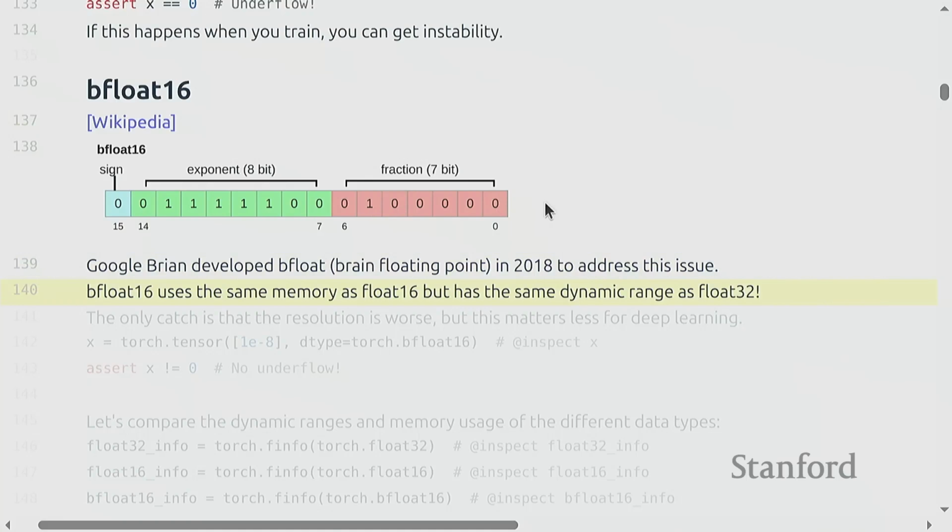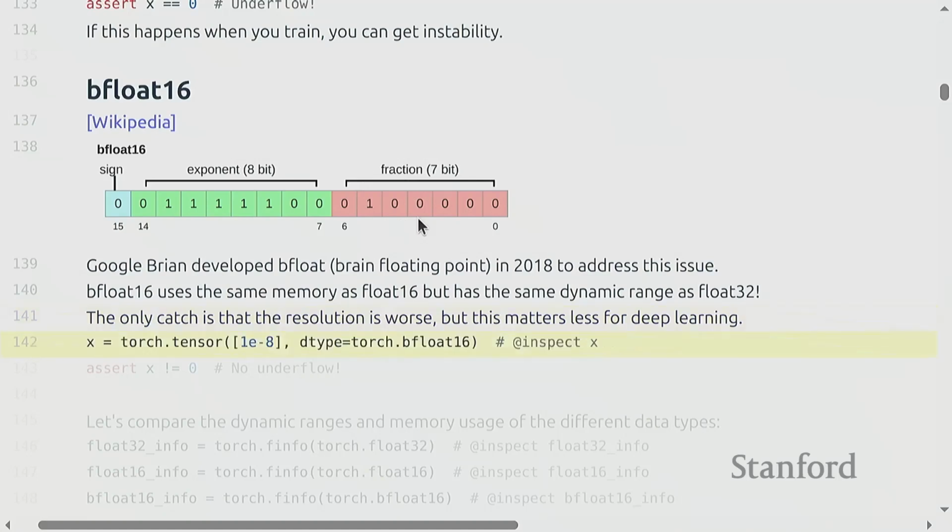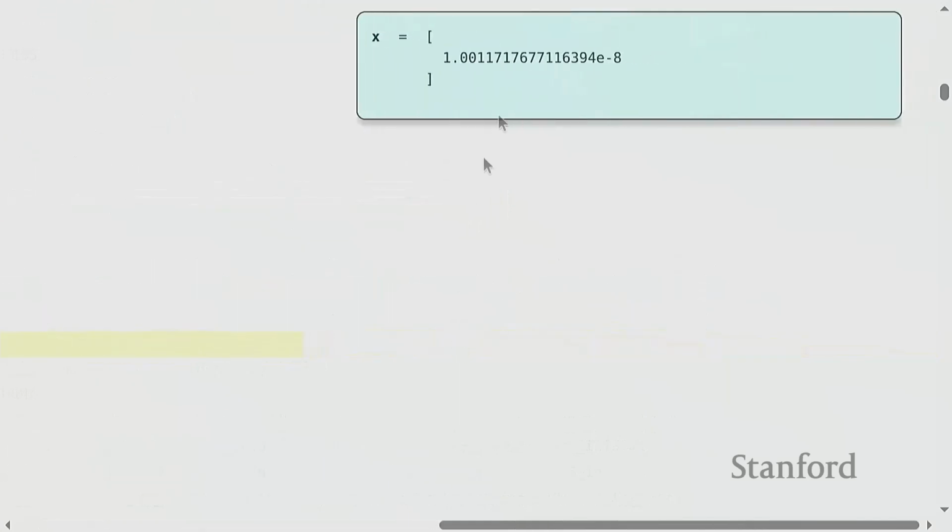Okay, so it uses the same memory as float 16, but it has the dynamic range of float 32. Okay, so that sounds really good. And the catch is that the resolution, which is determined by the fraction, is worse. But this doesn't matter as much for deep learning. So now if you try to create a tensor with 1e minus 8 in BF16, then you get something that's not 0.